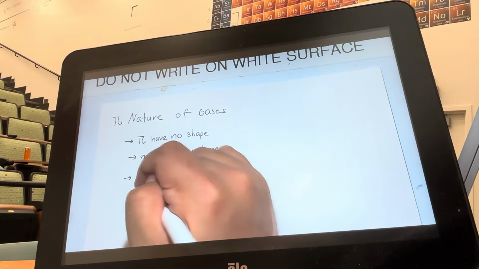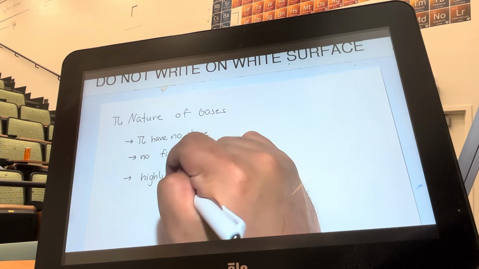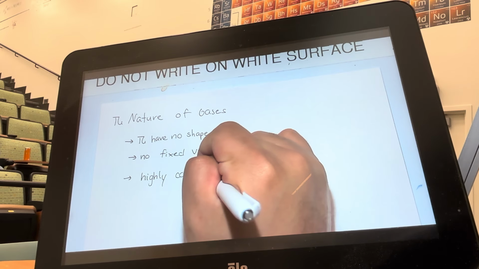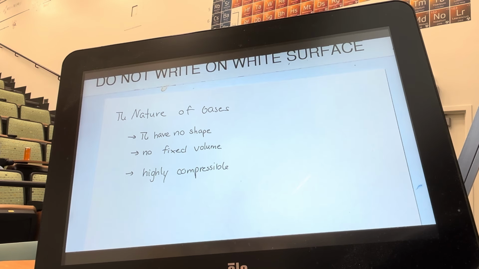And they're highly compressible. This is why you can do all this type of unique chemistry with gases, because they essentially can be moved and manipulated more than any other kind of matter there is, okay?